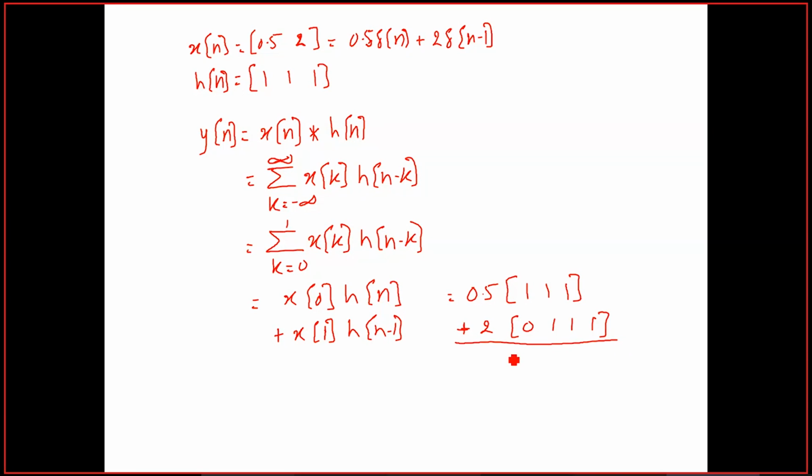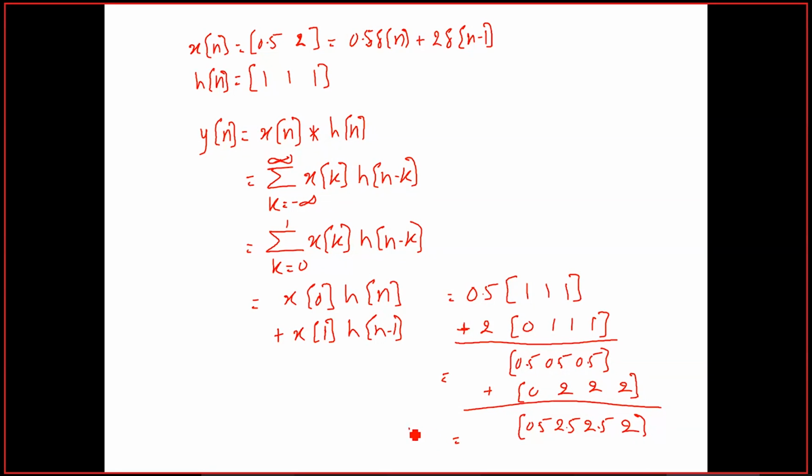So we can just add them up together. You will end up getting 0.5, 0.5, 0.5 plus the second part will become 0, 2, 2 and 2. So if you add them together, this will end up giving you your answer, which will be 0.5, 2.5, 2.5 and 2.